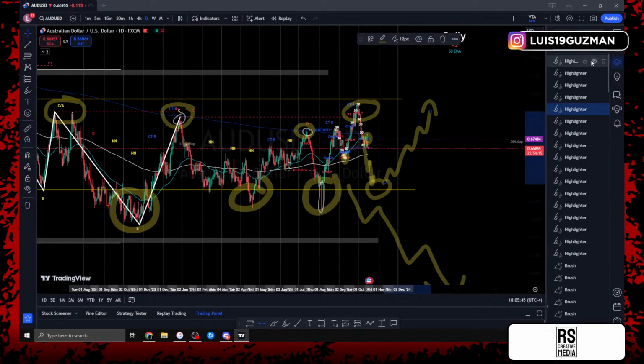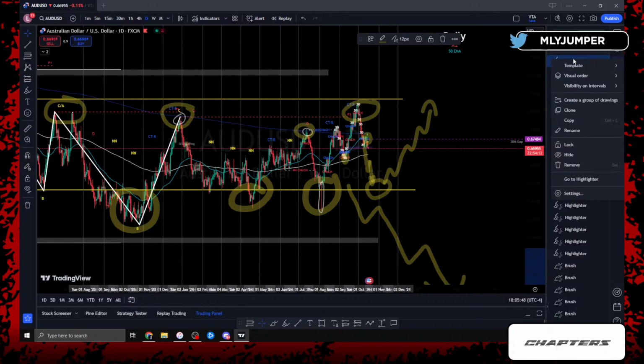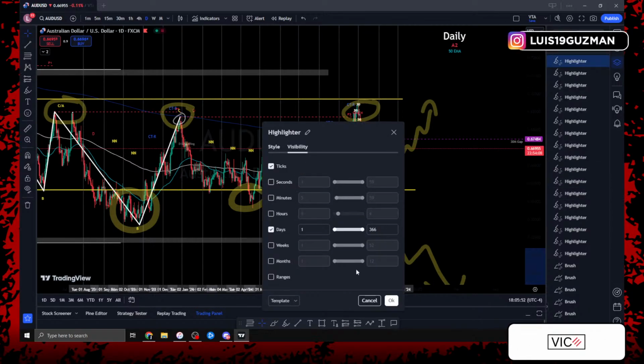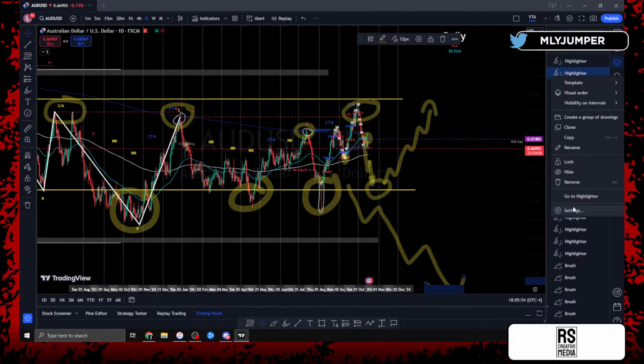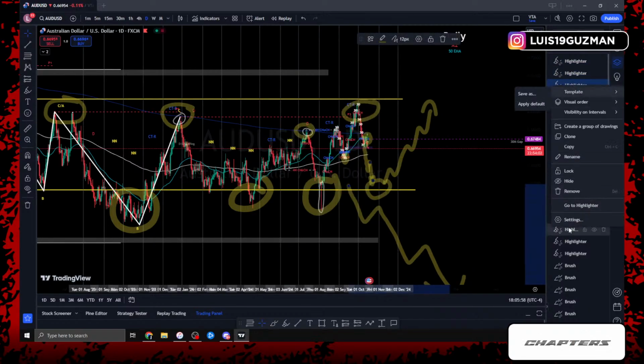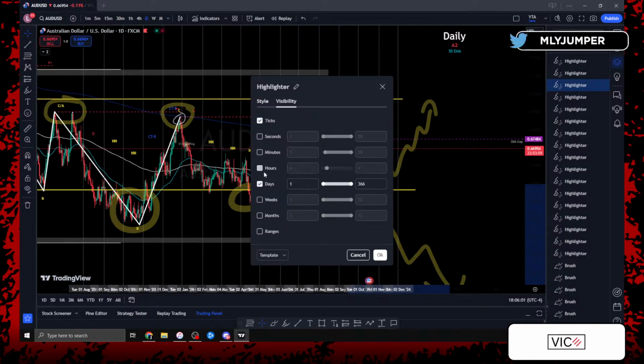Let me actually do this as well. I should have done this earlier, so I'm gonna take a couple seconds here to just put these drawings as daily time frame, so we don't have to see this every single time we hop on the chart on a lower time frame.